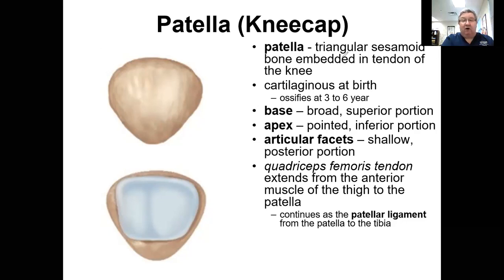Again, I have no argument with you, but all the information is here for you. The base, broad and superior. It's larger. The apex is pointed. It looks like an arrow. And that's the inferior portion of the patella.